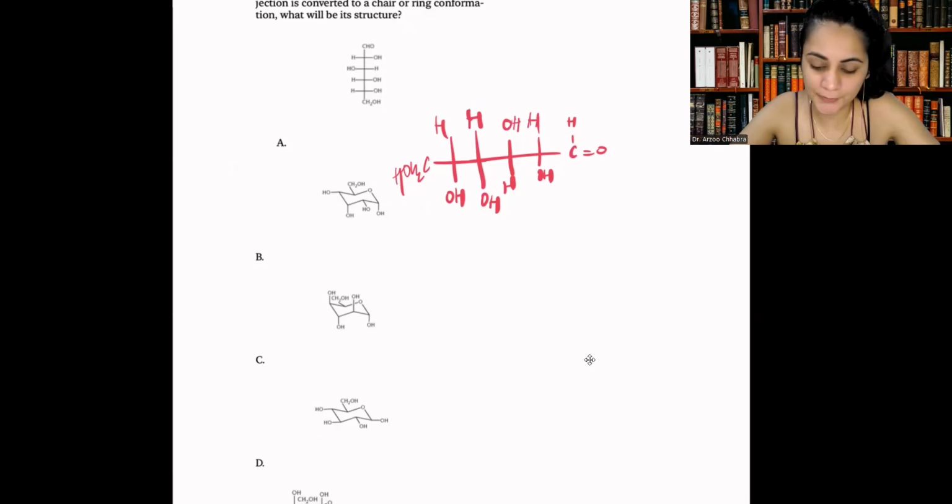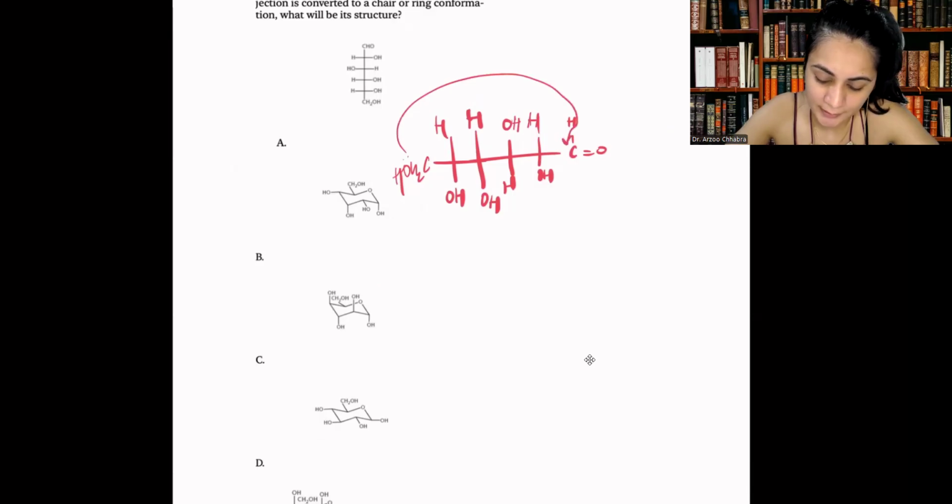Okay, and so if I close up the ring, let's say this alcohol is attacking over here, so then I would have C. Something's wrong here. Of course, something's wrong. That oxygen is not the one that attacks.